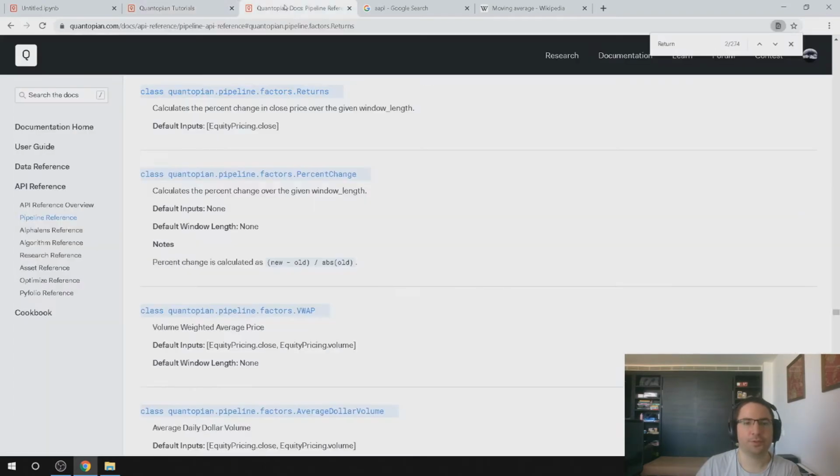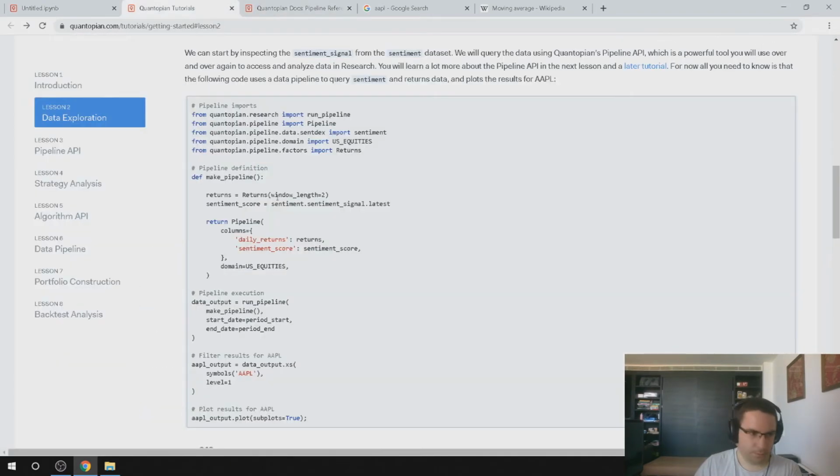Window length is 2. Is that 2 days, or there's some kind of window length? Let's say over the last 2 days. That's the percentage return you would have got from something that I don't know. Or maybe this is just some abstract objecty thing that quantifies what you want the pipeline to do. Then you're getting some sentiment score.